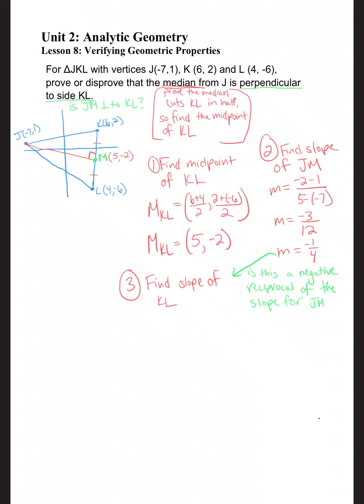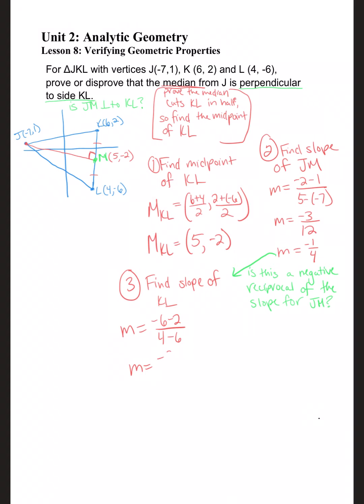Okay, because if it is, then we know that they're perpendicular to each other, so we've proved what's being asked of us in the question. So let's go ahead and find the slope of KL. So if I take the change in my y values, we'll say negative 6 minus 2, divided by our x values, the difference, so 4 minus 6.